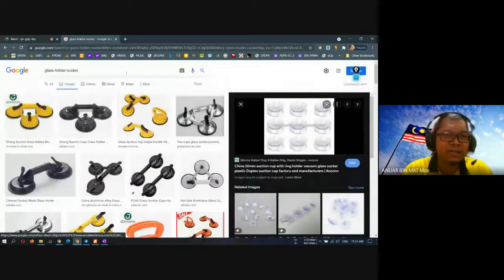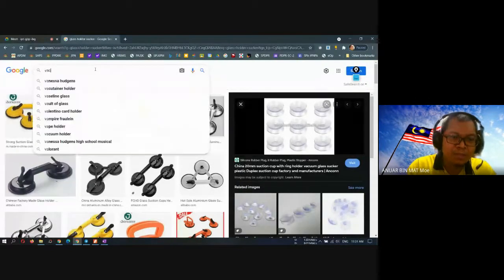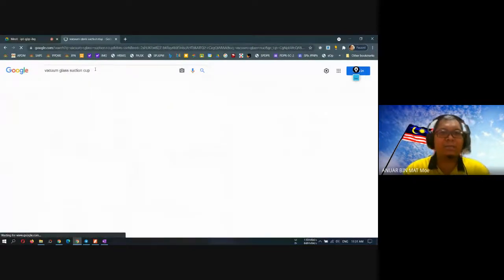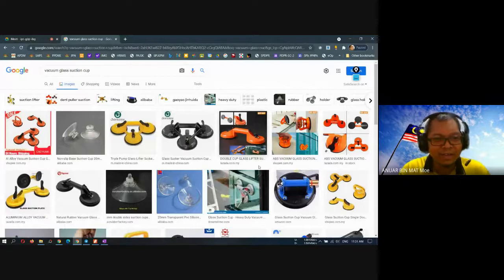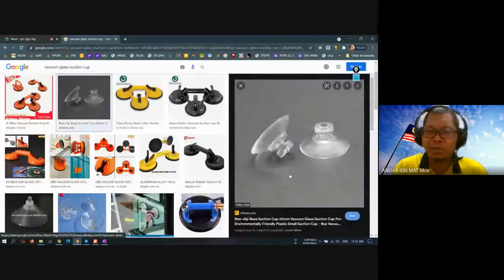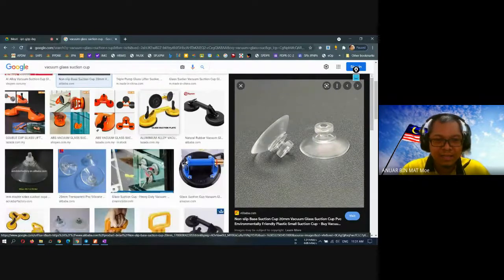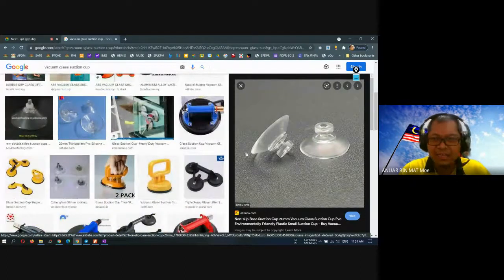Vacuum glass sucker. Vacuum glass suction cup. Very, very hard. This one we call a suction cup. You know this, right?